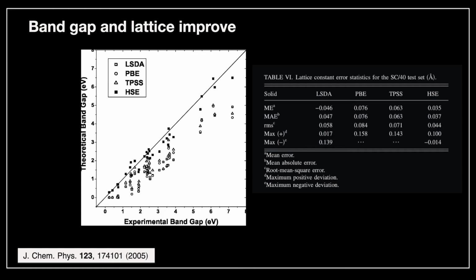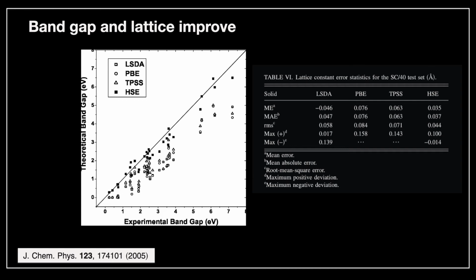If a data point falls on the bisector, you have a perfect match. And here you could see that for a functional like HSE, which is a hybrid functional, you basically fall completely on the bisector. We see again the LDA and PBE are both underestimating the band gap, as I already mentioned before.